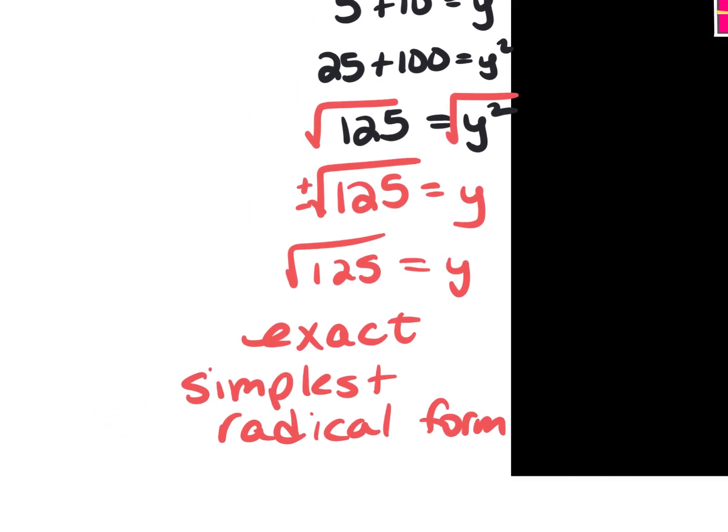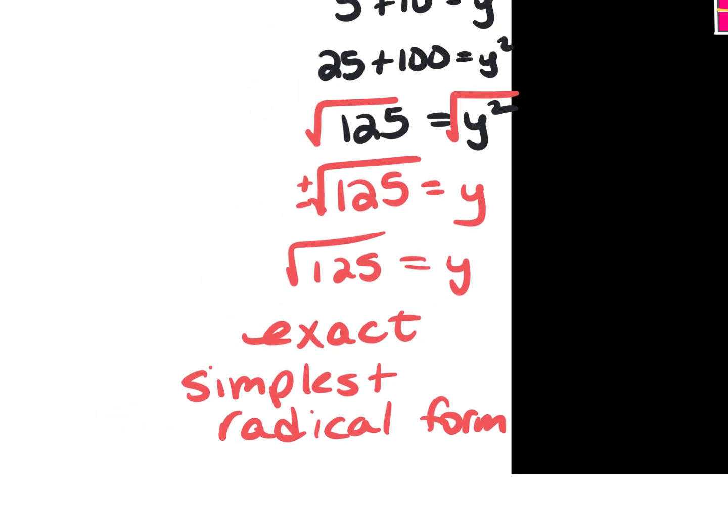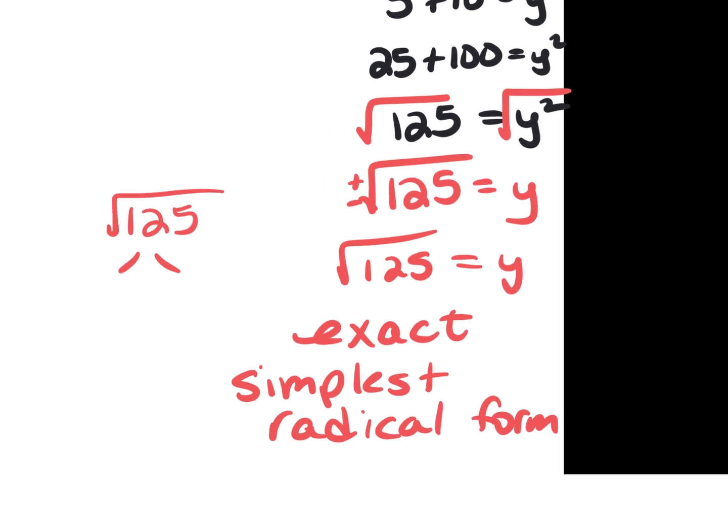So remember, simplest radical form, we need to break down and do a factor tree for the 125. So two numbers that will multiply to give me 125. I know that 25 times 5 gives me 125. I have to keep breaking it down.